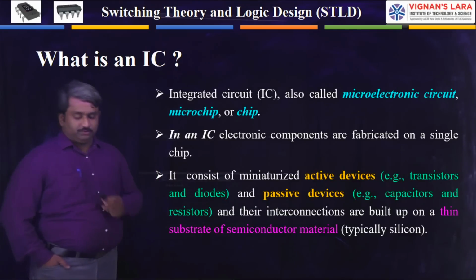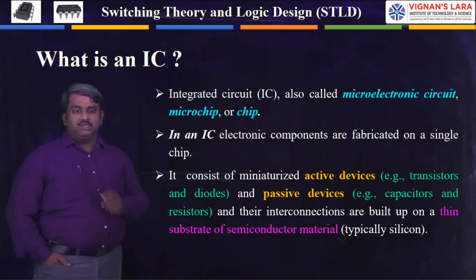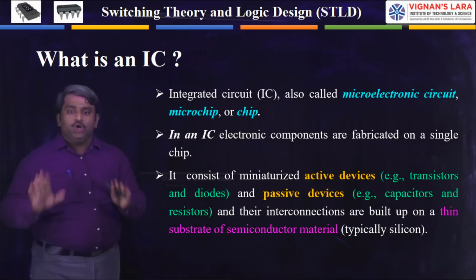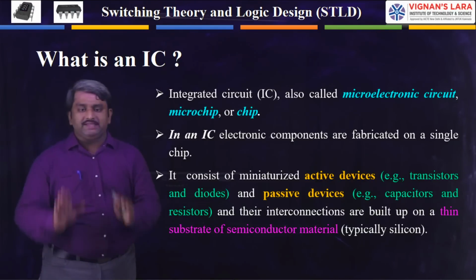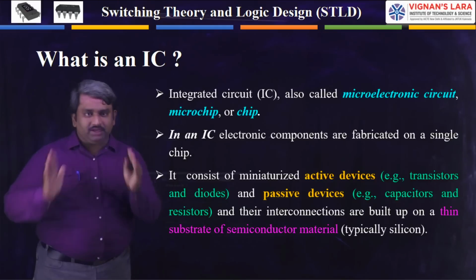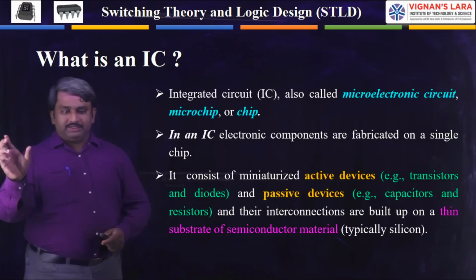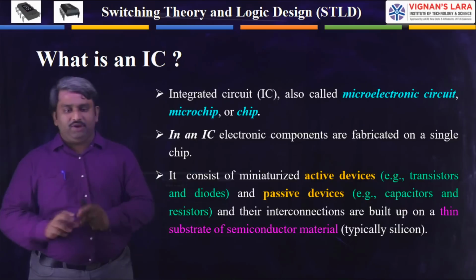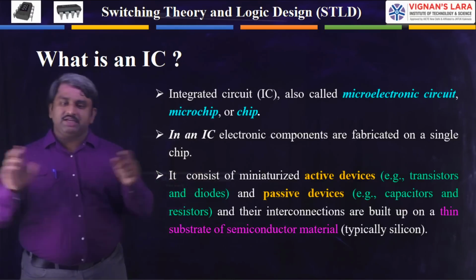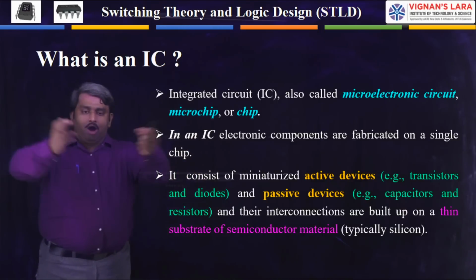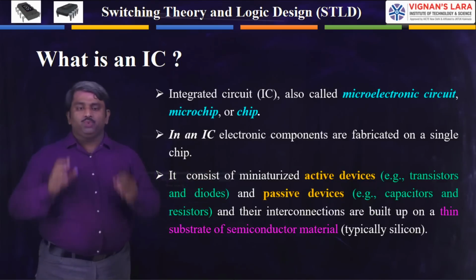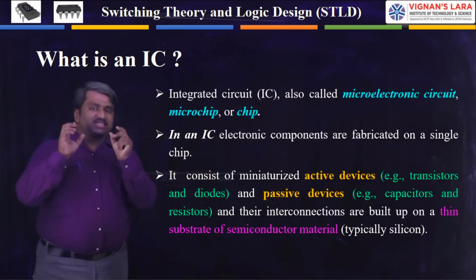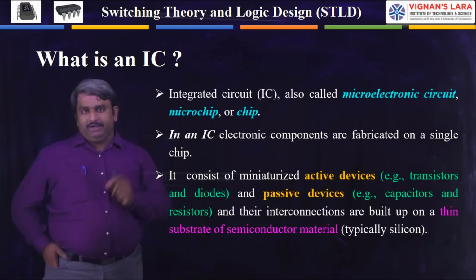Next, these two types of devices and their interconnections. Just placing the components is not enough. You have to establish interconnections between resistors, diodes, transistors and capacitors. Between all the components we have to make connections, and only then will it work for a specific operation.